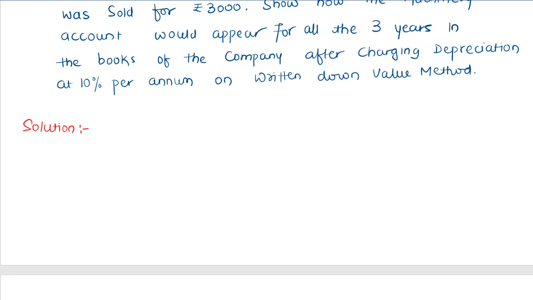Solution. First of all, we need to compute depreciation for all the machineries.